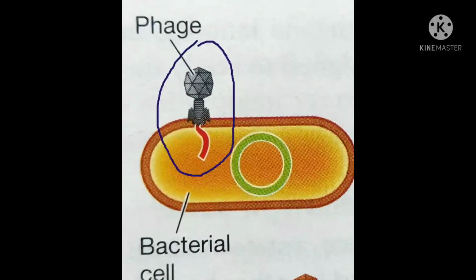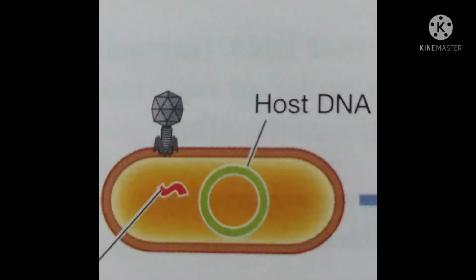You can see the phage injecting its red colored genome into the bacterial cell. After some time of infection, you can see the red colored phage genome is totally released into the host cell.